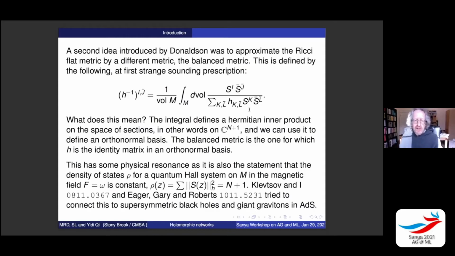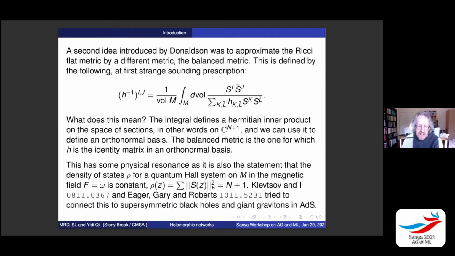And that's a mathematical condition with a lot of interesting uniqueness and ability to prove when solutions exist. It has some physical resonance. For example, there's a physical interpretation of Kähler geometry and the holomorphic wave functions as quantum Hall states.